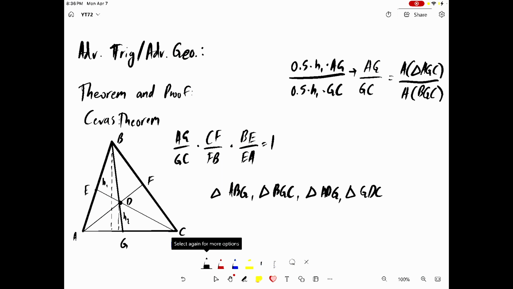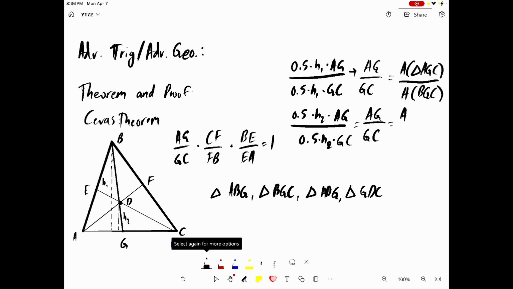Now, if we do this for the other set of triangles with altitude 2, we get 0.5 times H2 times AG divided by 0.5 times H2 times GC, which is equal to the same thing, AG over GC.